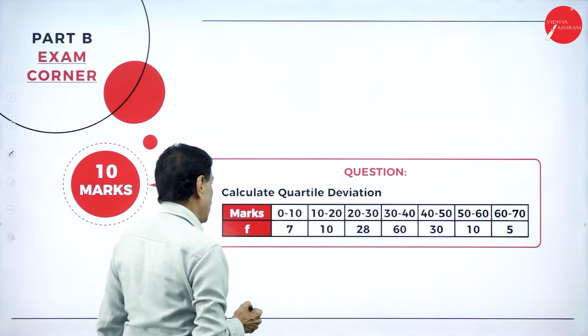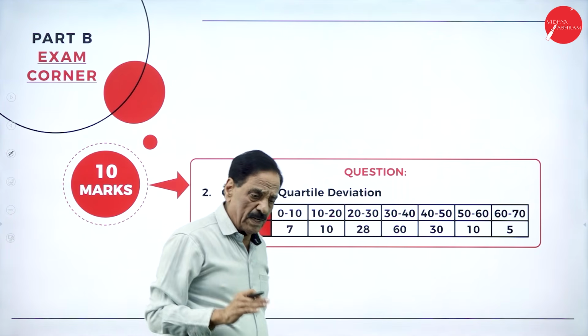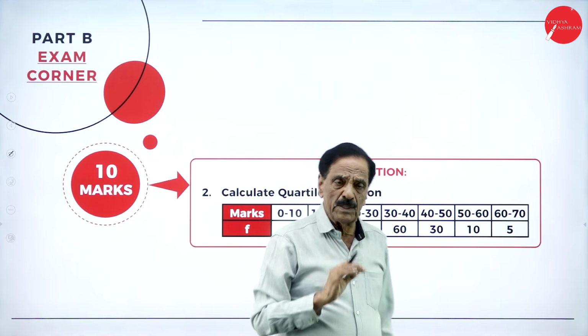Calculate quartile deviation. Here you have to find out the quartile deviation, Q3 minus Q1 divided by 2.